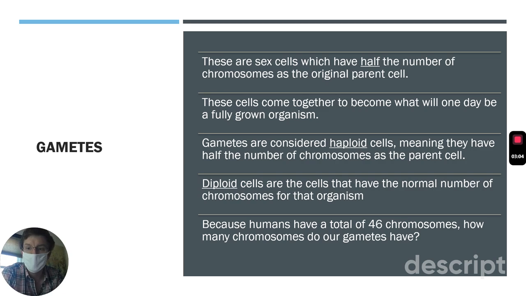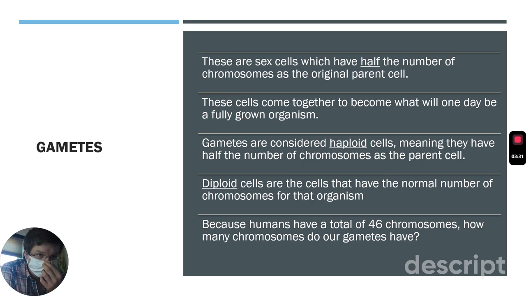So when you produce gametes, those cells have 23 chromosomes in each of them, because that is what we are using to pass on our genetic information. Okay, so gametes are haploid cells. Haploid means they have half the amount of chromosomes as the original parent cell.